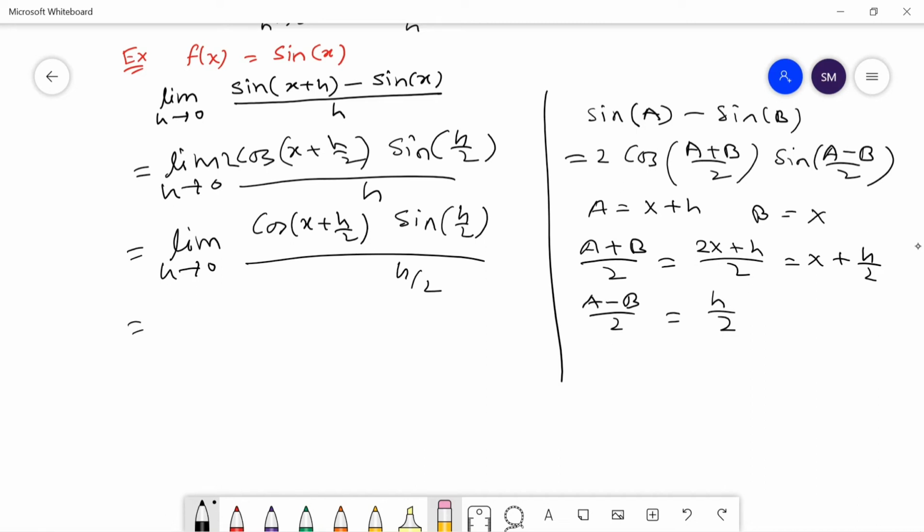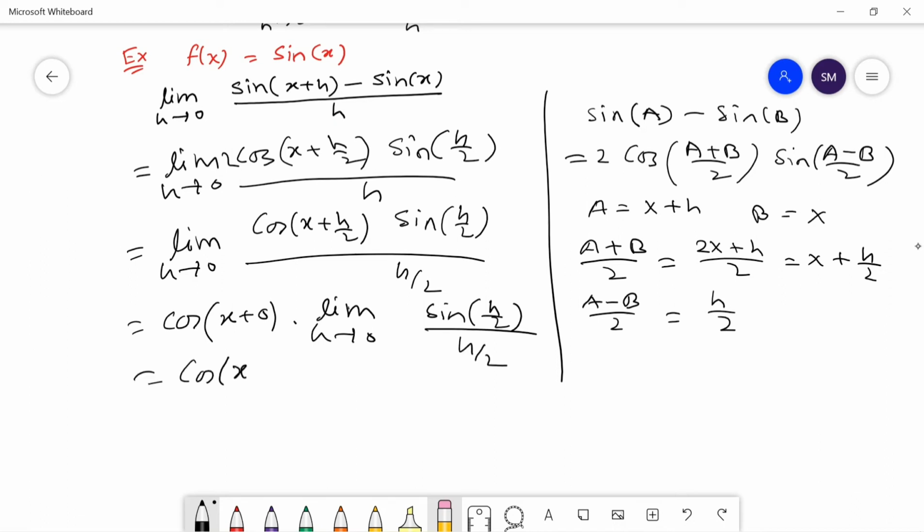So this is equal to cosine of x plus 0, times limit h tends to 0 of sine of h over 2 over h over 2, which is equal to 1. So you have cosine x multiplied by 1, which is equal to cosine x.